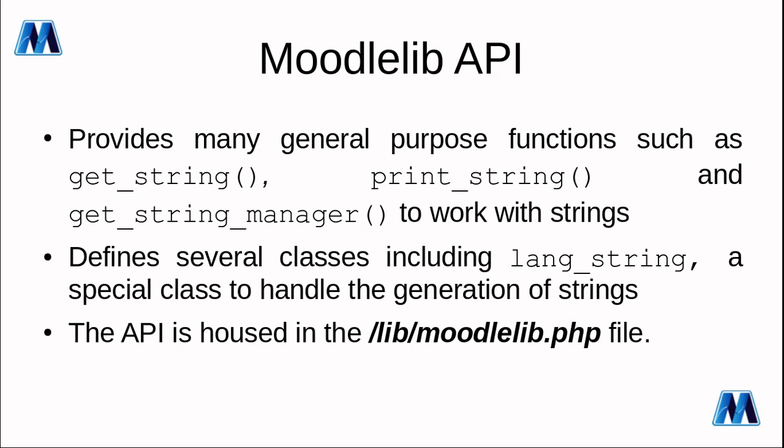To use the string manager methods, you would call get string manager to get an instance of the class, and then call the functions that I spoke about earlier. It defines several classes, including language string, a special class to handle the generation of strings. And the API is all housed in the Moodlelib PHP file in the lib folder.